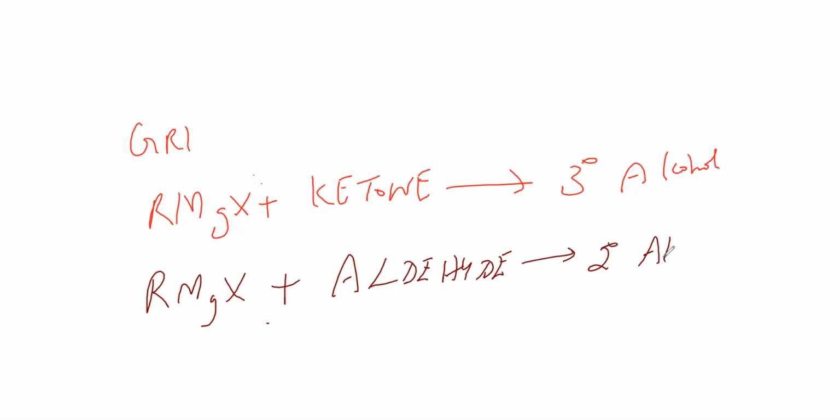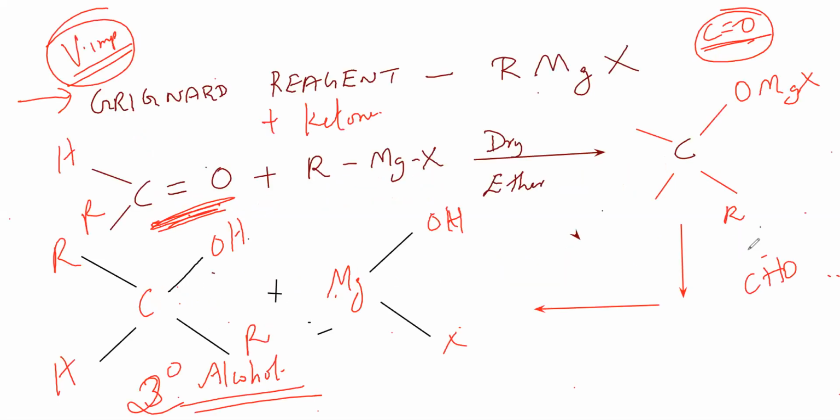This is how you have to learn it. We cannot sit and by heart the entire process. This will make our life difficult. So we have to choose in such a way that how to remember these things. That is the important focus here. Grignard reagent, again I'm repeating, without Grignard reagent, there is no entrance nor board exam paper set.